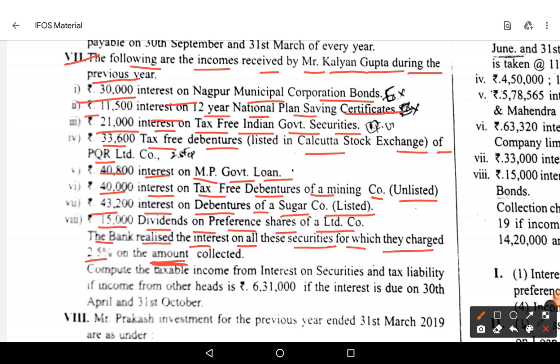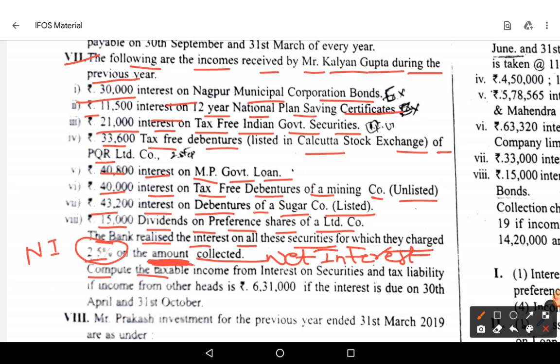Please underline amount collected. When they say amount collected, this 2.5% we need to calculate on net interest, not on the gross interest. When they say amount collected, okay.